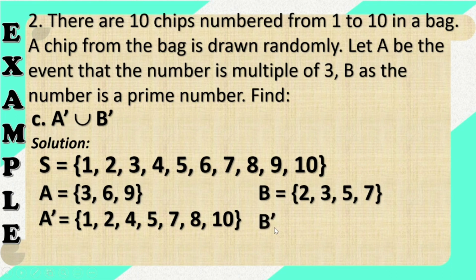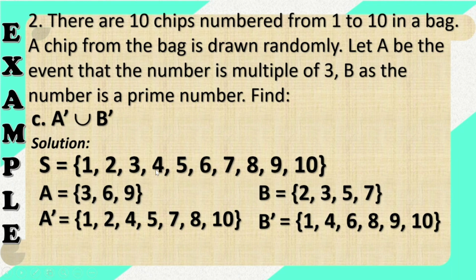How about the B complement? We also find the elements in set S that are not in event B. So, we have 1. The 2 is in event B, so we do not take it.